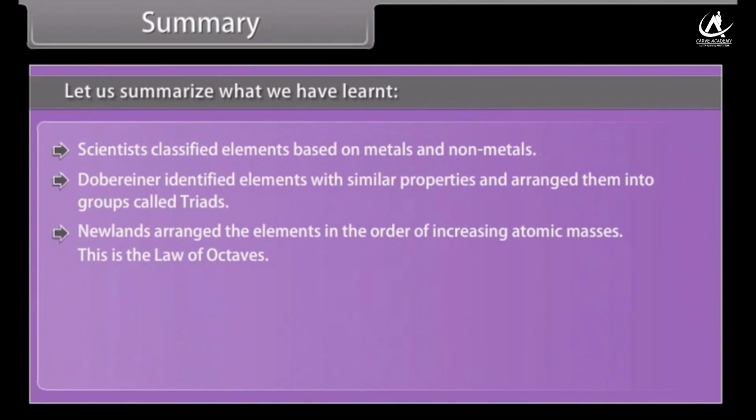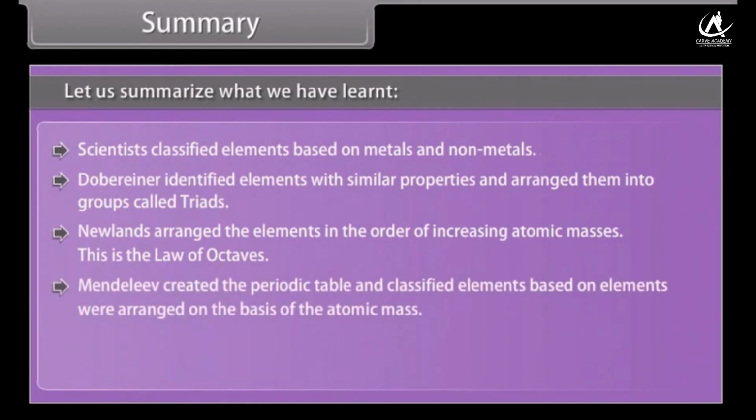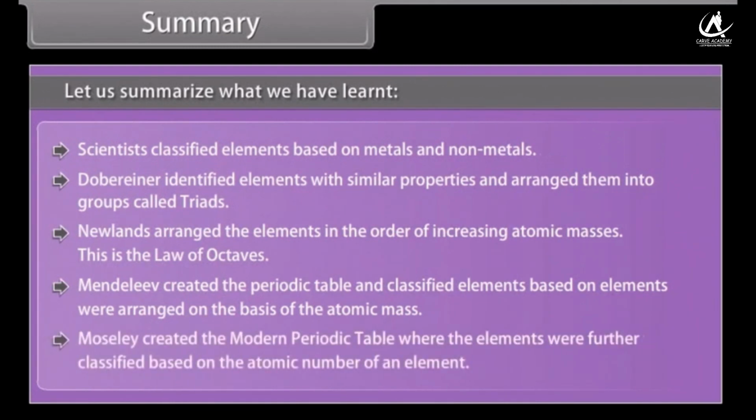Newlands arranged the elements in the order of increasing atomic masses. This is the law of octaves. Mendeleev created the periodic table, in which elements were arranged on the basis of atomic mass. Moseley created the modern periodic table where the elements were further classified based on the atomic number of an element.